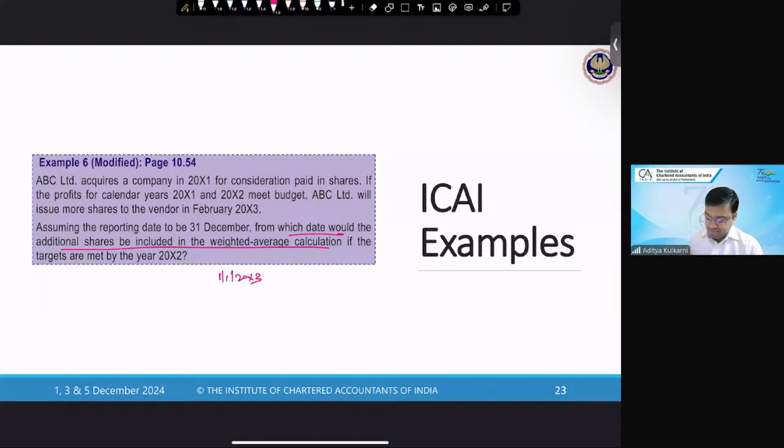It says you will be given additional shares if profits for these 2 years meet the budget, and ABC will issue more shares to the vendor in February 20X3. But when are they actually available to be counted as shares? From the date they have fulfilled the condition, and therefore that is 1st of January 20X3. Are we okay with this? Yes, sir.